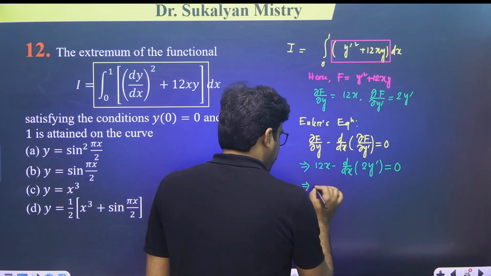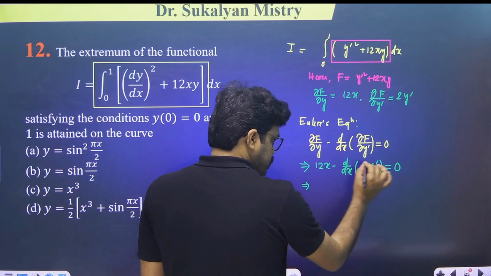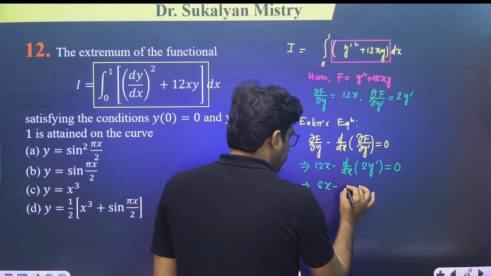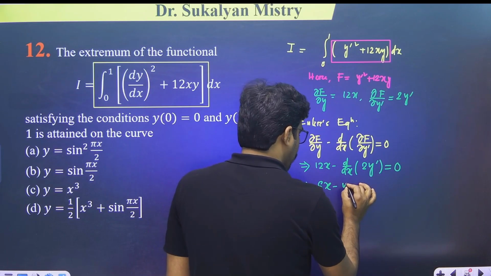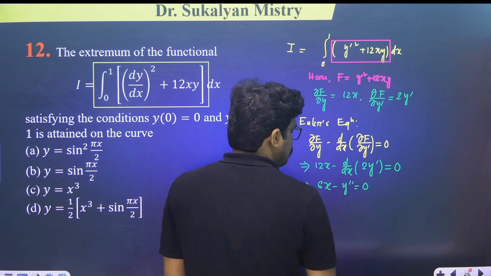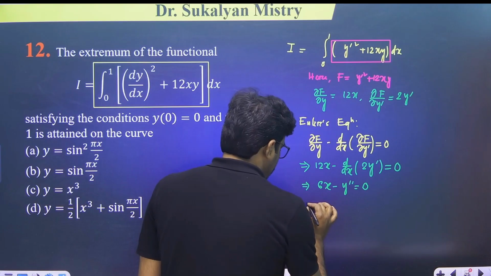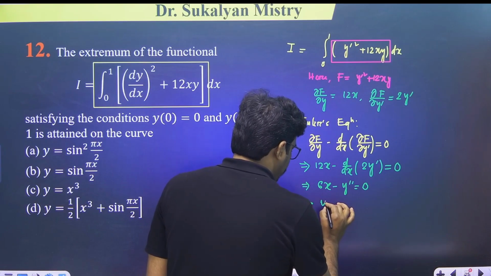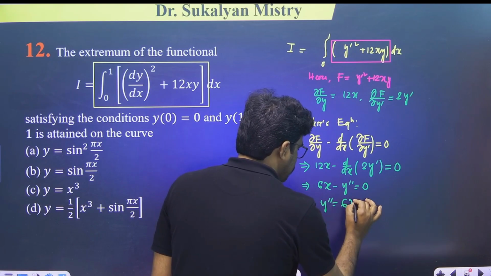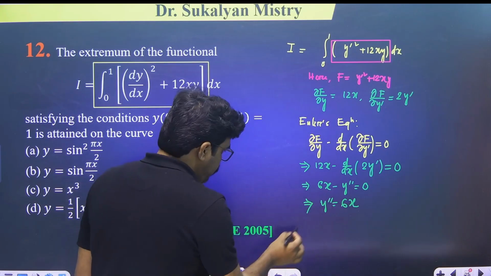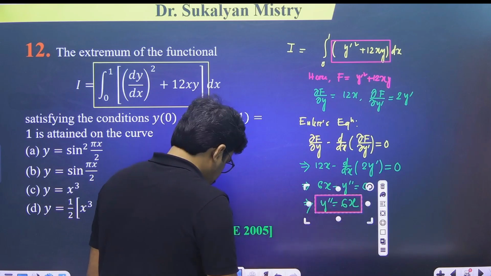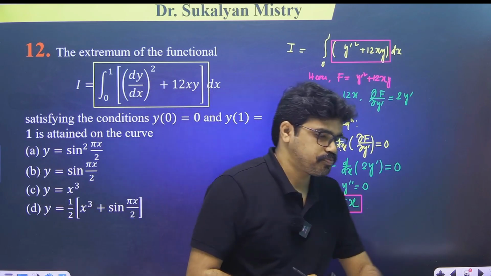is equal to 0. Okay, so dividing both sides by 2, that is 6x minus derivative of y dash, that is y double dash, is equal to 0. So ultimately what we get is y double dash equal to 6x, that is d2y/dx2 is equal to 6x.